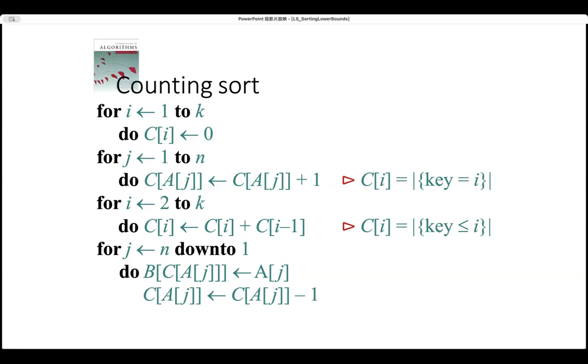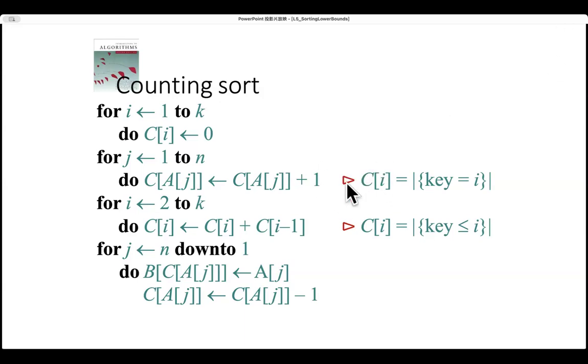And then the second loop is perhaps why this sorting algorithm gets its name. Basically, you count how many numbers of a particular value occur in this sequence by using this for loop.